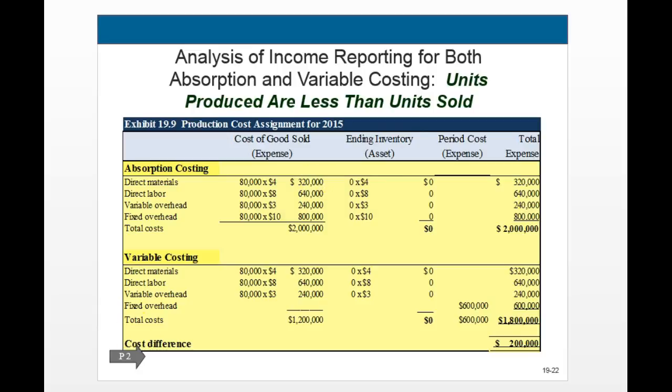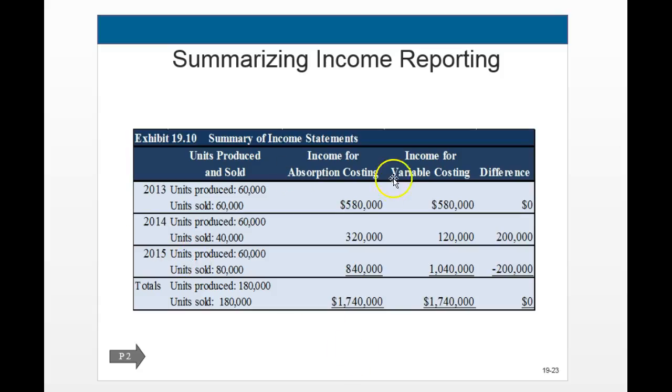And that's kind of a comparison. Now, if you look down at this, we have 60,000 produced, and 580 were perfect. There's no difference. Here we produced 60,000. We only sold 40,000. So I had income of 320 and 120 here.